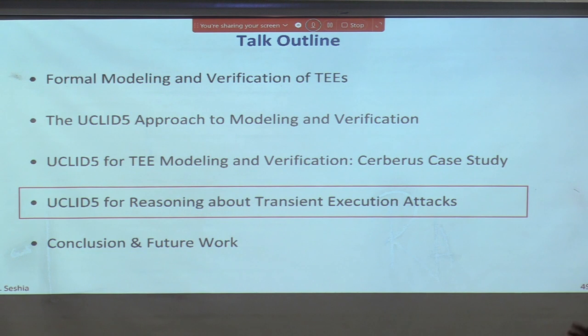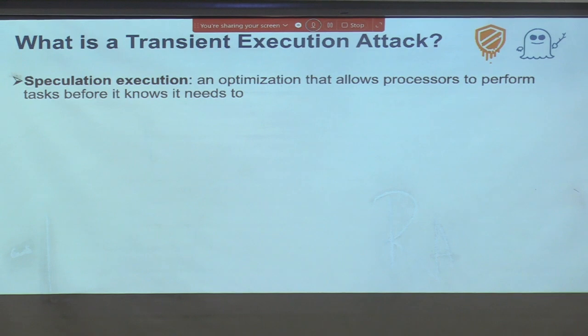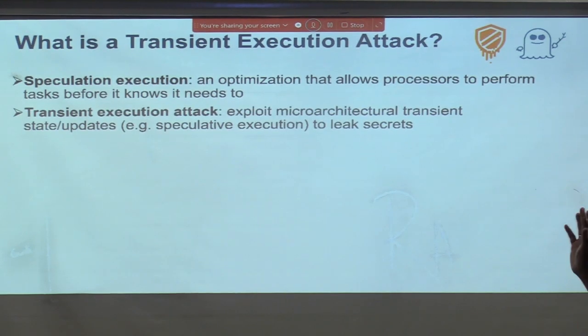Okay, so now in the last 5 minutes, I'll just give you a brief overview of using UCLID5 for reasoning about transient execution attacks. I'm going to go over this quickly because I'm assuming everybody knows what transient execution attacks are, right? The Spectre and Meltdown family of attacks that essentially exploit microarchitectural level transient state updates.